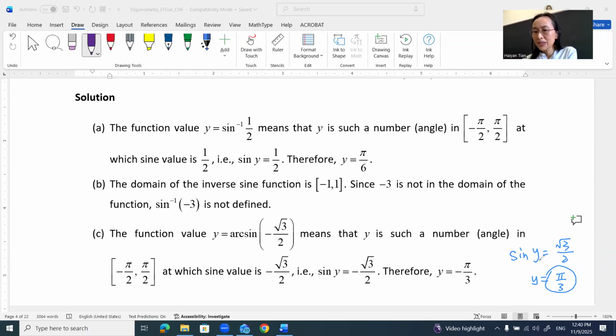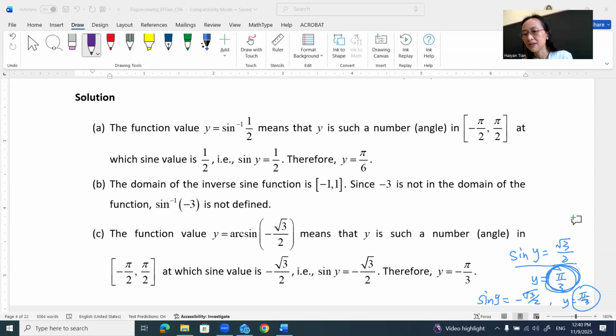Pi over 3. Then using the odd function property, if sine y is negative square root of 3 over 2, then y must be negative pi over 3. So we remember some special angles and their sine values. So it should be pi over 3. A very quick check allows us to fix that.